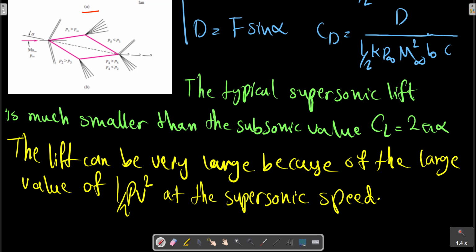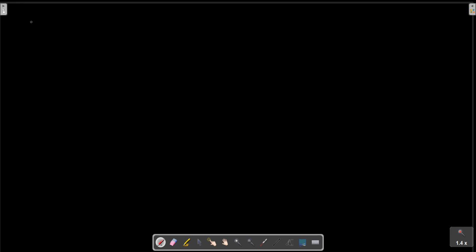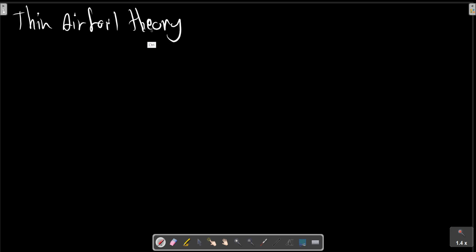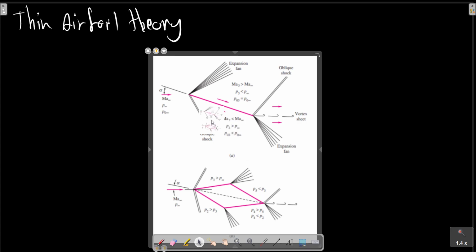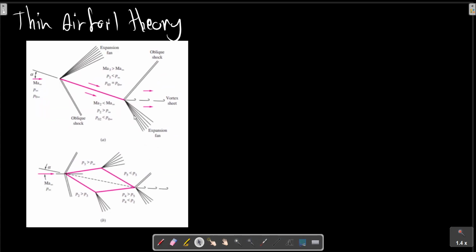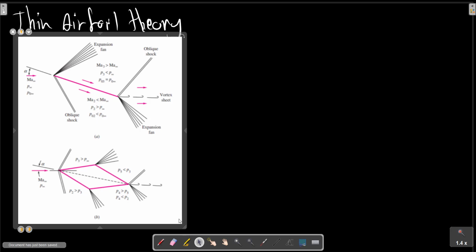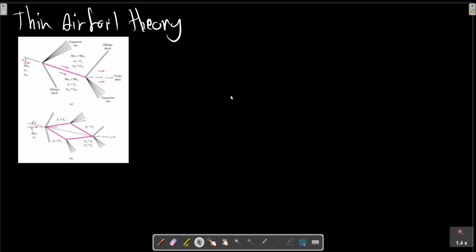We can write the expression from thin-airfoil theory, where we have these relations.